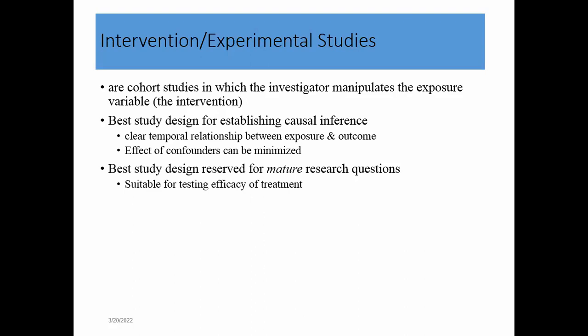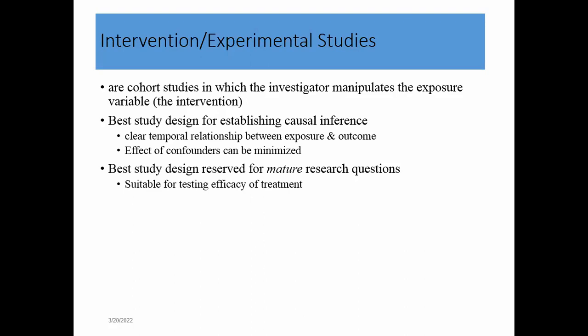trials are carried out. So these are cohort studies in which the investigator manipulates the exposure variable. That's the intervention. It is the best study design for establishing causal inference. That is, there is a clear temporal relationship between exposure and outcome. Then also the effect of confounders can be minimized.